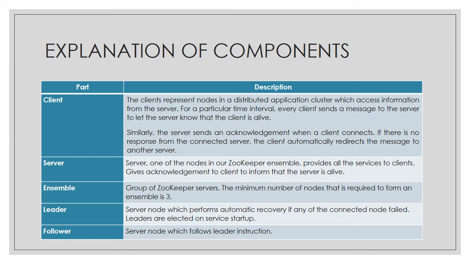So that will make sure that we have a leader server and 2 follower servers. In case of any challenges on one follower server, the other follower server will be there. The follower server node follows instructions from the leader server.